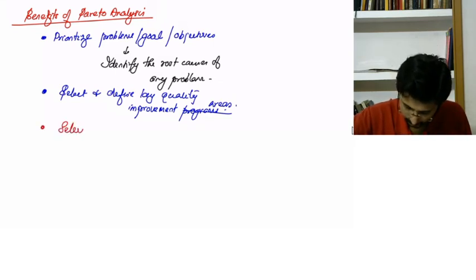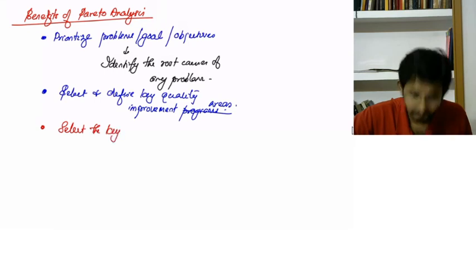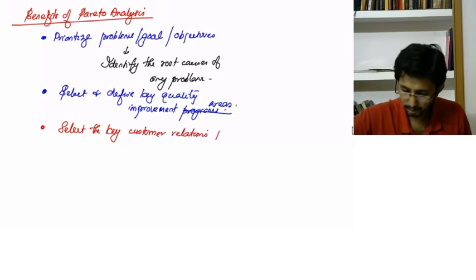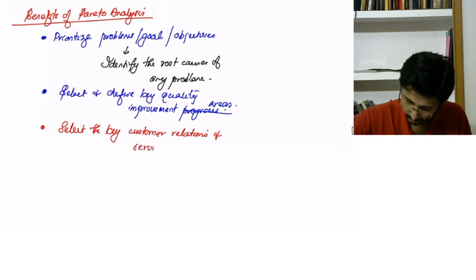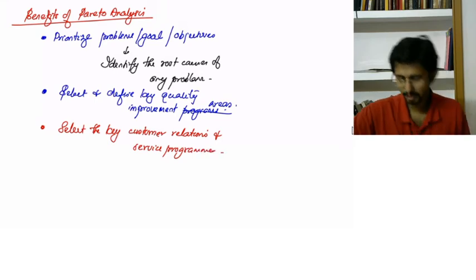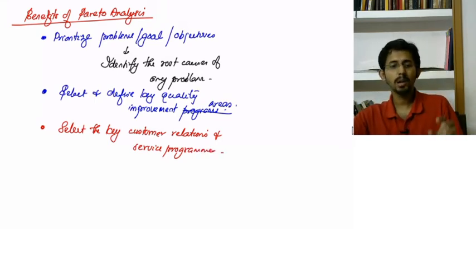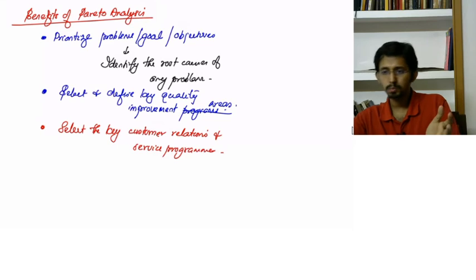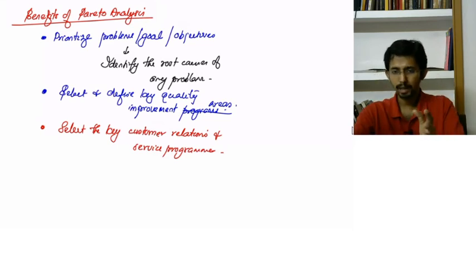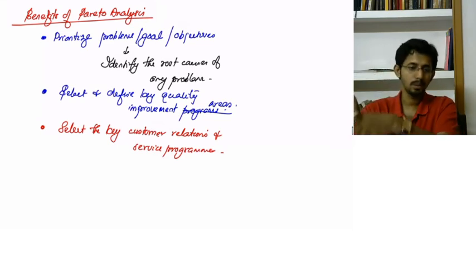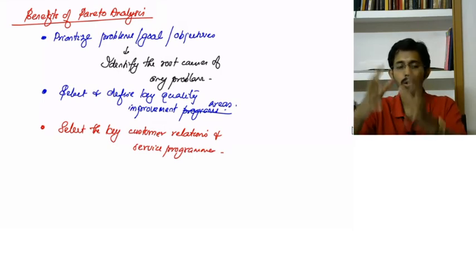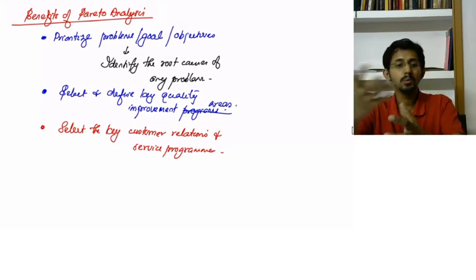Okay, what is the next benefit? Select the key customer relations and service programs. By applying Pareto analysis, you are able to classify your customers into two: low volume, high value and high volume, low value, and you are able to prioritize or focus on low volume, high value customers.